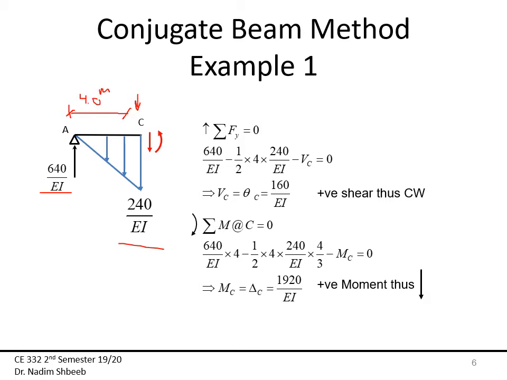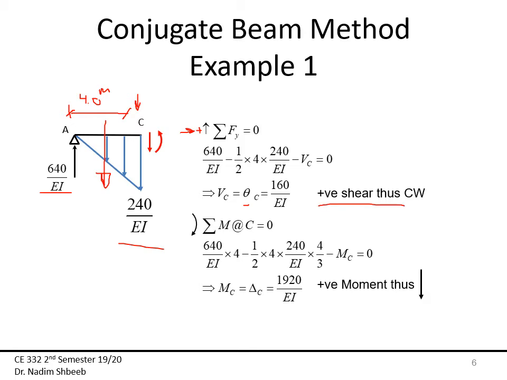To find theta C, or shear at C, I'm just going to use the equilibrium equation. Summation of Fy is equal to 0. Then 640 over EI minus 1/2 times 4 times, again, because this is now that force over here, minus Vc is equal to 0. Then Vc is equal to theta C, which is 160 over EI.